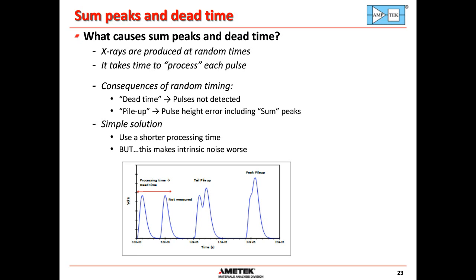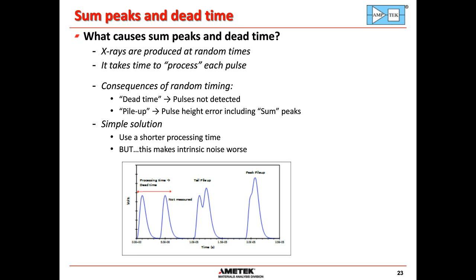You also get pileup, that is, a pulse height error. Sometimes you can separate these pulses, and sometimes there's what's called a sum peak. If the pulses occur close enough in time, it's simply one current pulse coming out of the detector, and there is simply no way to differentiate two simultaneous X-rays from a single X-ray of the same total energy.